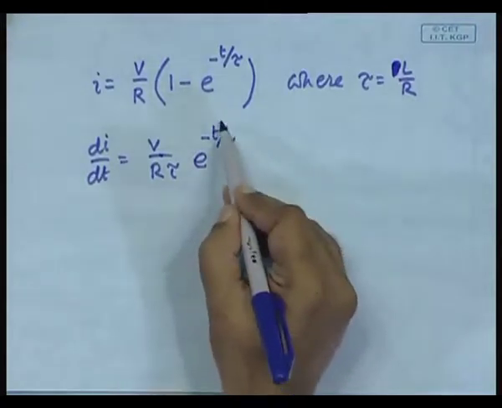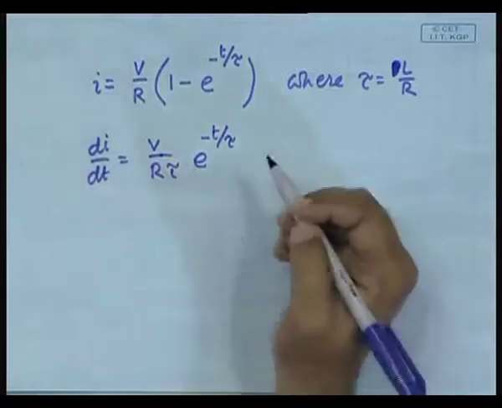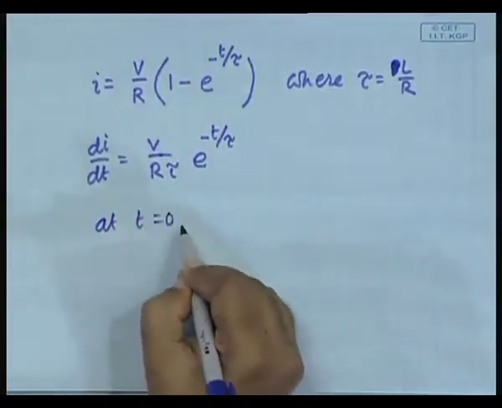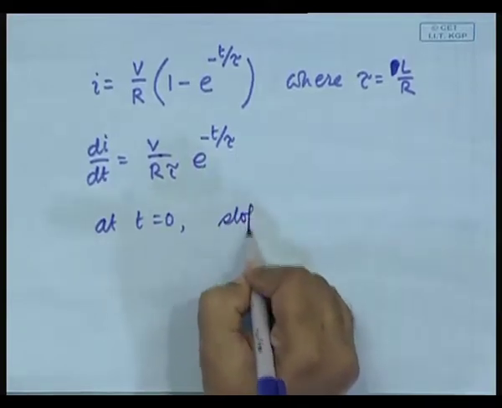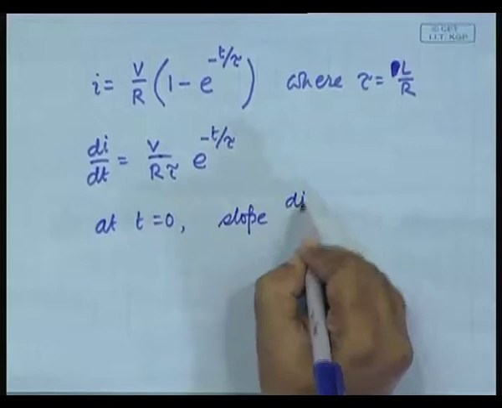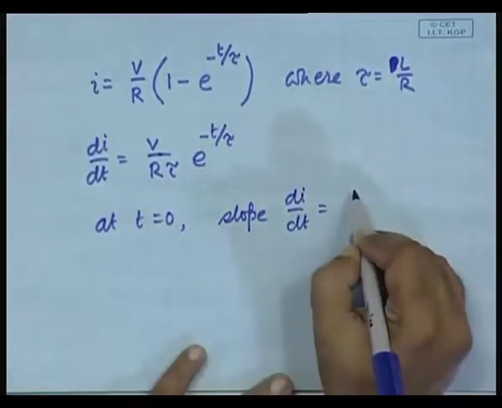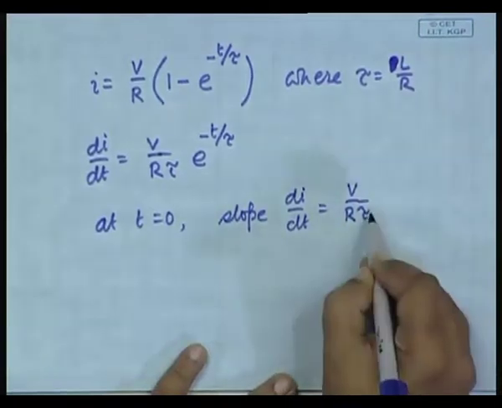At t equal to 0, this goes off, it is only this much. So, at t equal to 0, slope is V by R tau.